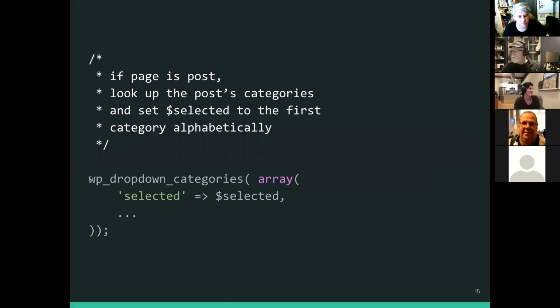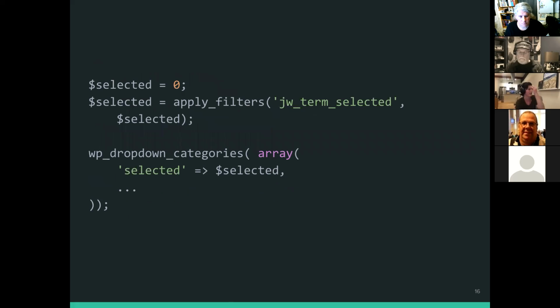So there is a WordPress function called wp_dropdown_categories. It's awesome because I feel like it does all the hard UI work of generating a dropdown for you with categories that WordPress knows you have. You can tell it which categories are going to be selected. And that was a really good opportunity of where I could place the filter.